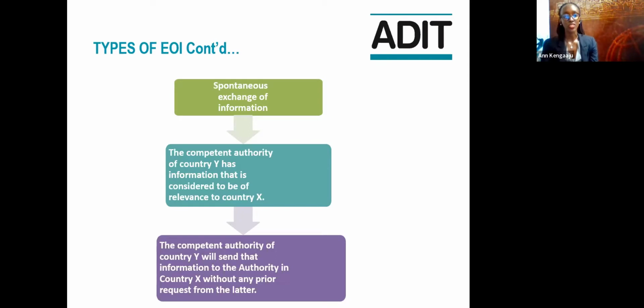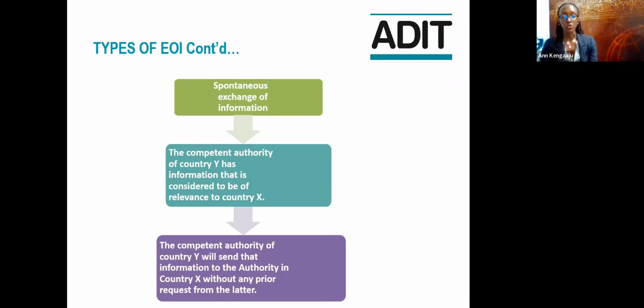And moving on, we'll see spontaneous exchange of information, which occurs when, say, a state is conducting a tax audit or investigation and discovers information that it deems fit to help another state with whom they have a DTA or exchange of information agreement. So it will share that information with them to maybe prompt an audit or an investigation into a particular taxpayer so they can collect the revenue due to them.